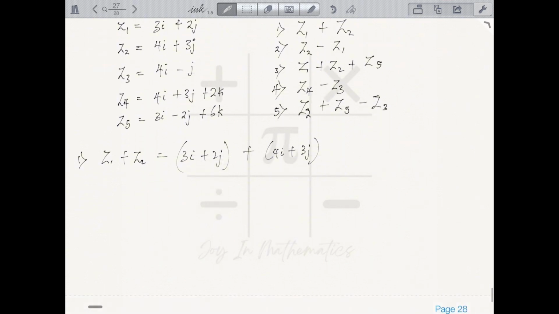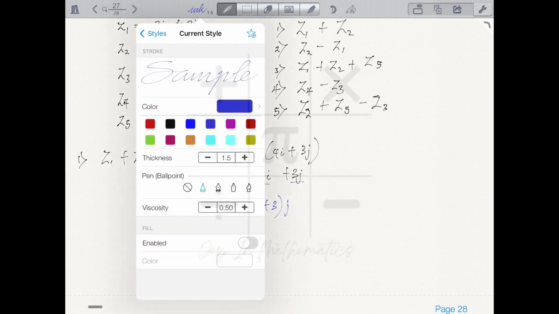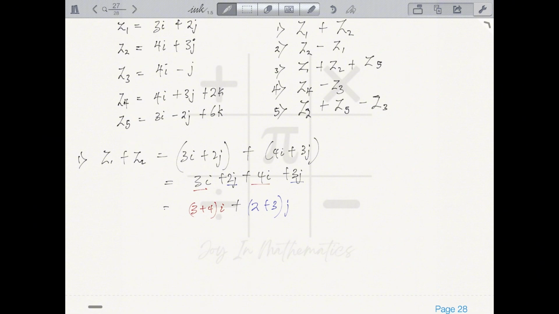So let's open up the brackets. We have 3i plus 2j plus 4i plus 3j. Let's collect like terms now. For i, that will be 3 plus 4 i, and for j, that will be 2 plus 3 j, with the addition sign in between them. This results in 7i plus 5j.